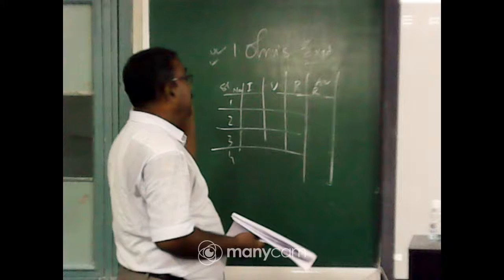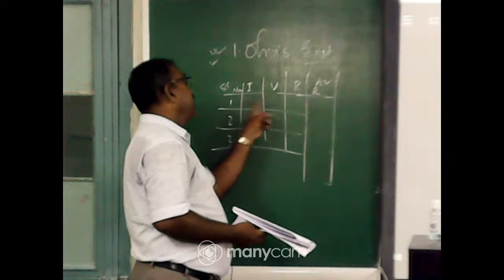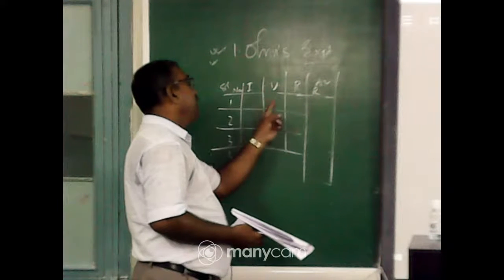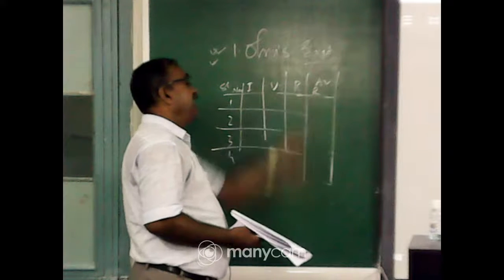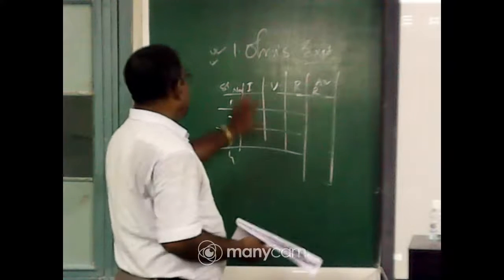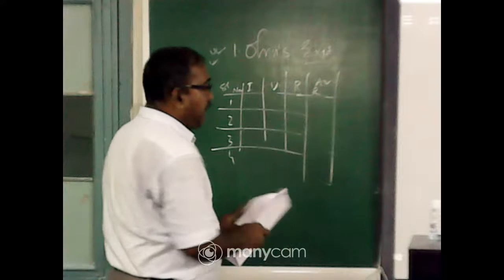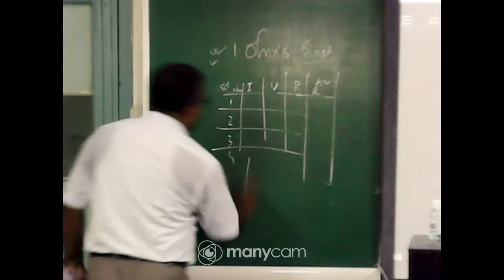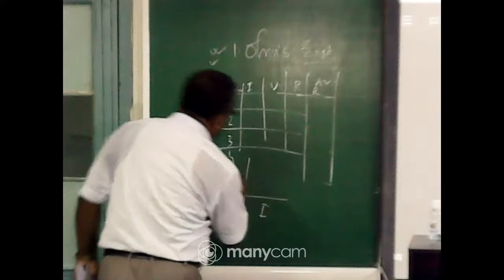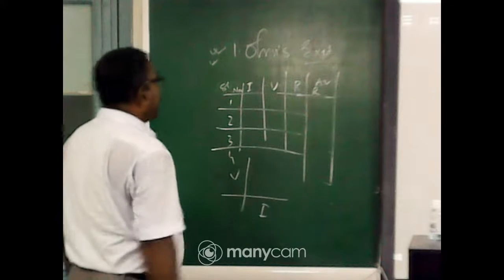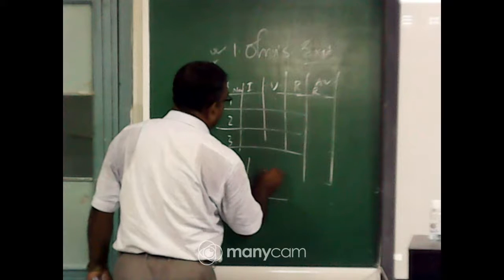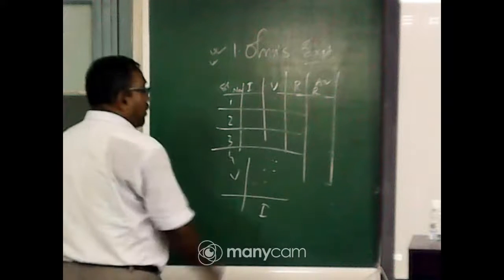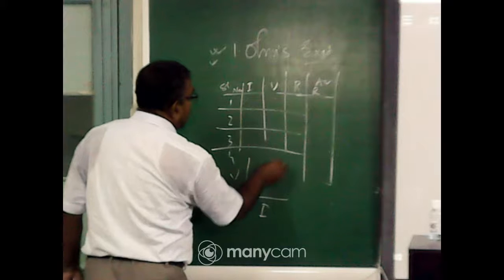When you come to your practical room, at that time you collect the data from your experiment and write it, and then you calculate the resistance and average resistance. With the help of this practical, you plot the graph, V versus I. You need minimum 4 or 5 data points.